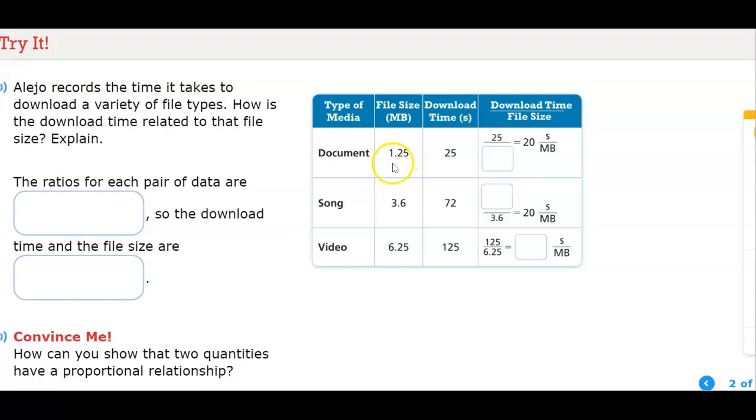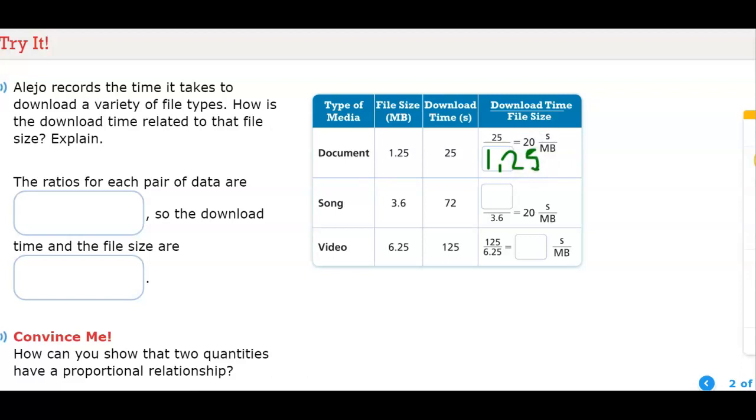So the file size for the document is 1.25, or 1 and 25 hundredths. The time is 25, so they have download time over file size. 25 is on top, and on the bottom we have the file size, which is 1 and 25 hundredths.